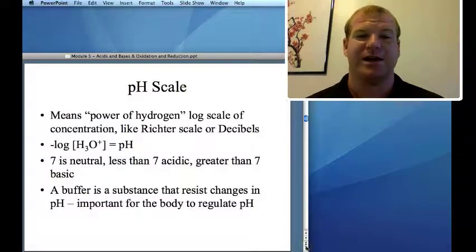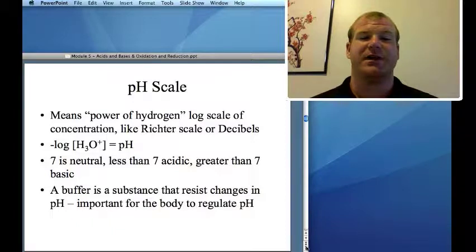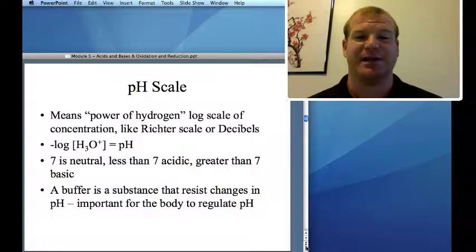And now, let's talk about the pH scale. pH means power of hydrogen, and it's a logarithmic scale. And what I mean by logarithmic scale is that when you go up a pH unit, you actually go up by a factor of 10. This is sort of like the sound scale, decibels, or the Richter scale. Going from a magnitude 6 to a magnitude 9 earthquake is a very big deal.